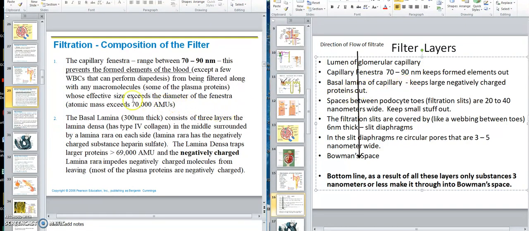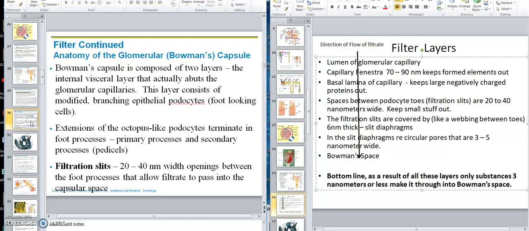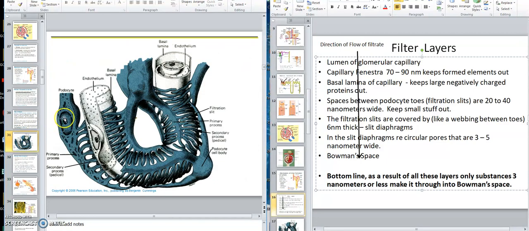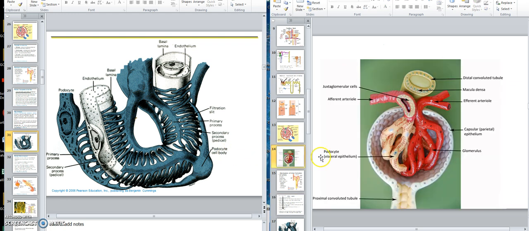All right, now we get to the fancy stuff. The visceral layer of Bowman's capsule is lined by some cells that look like feet and toes. Those particular cells are called podocytes.